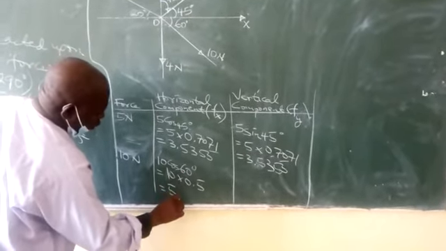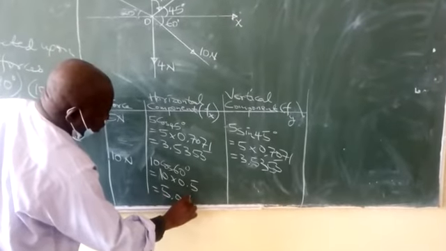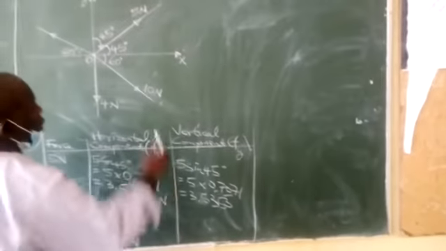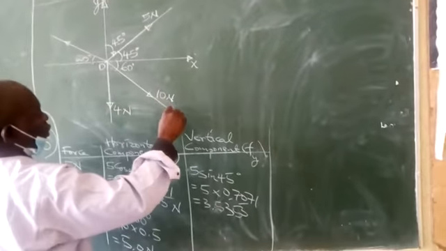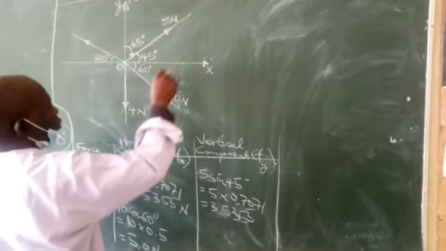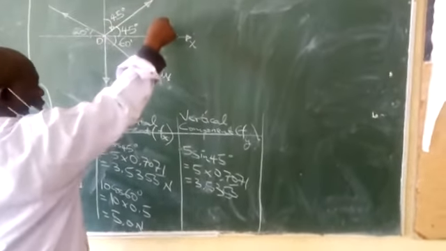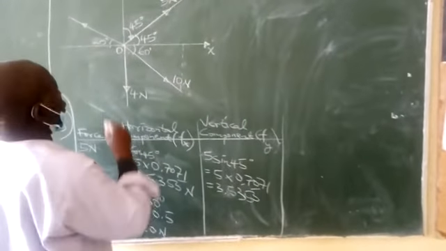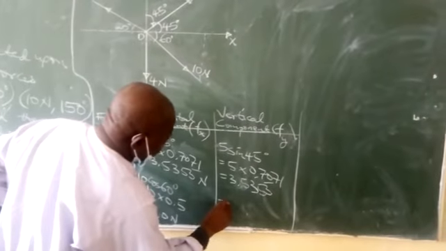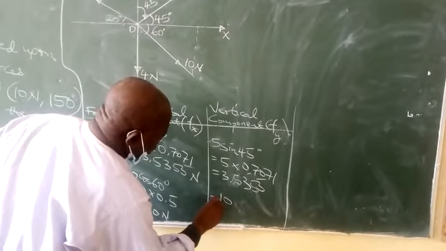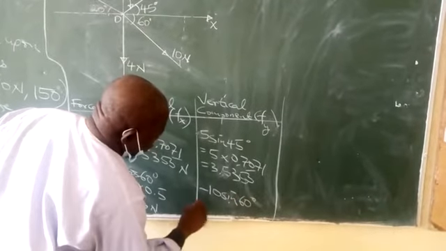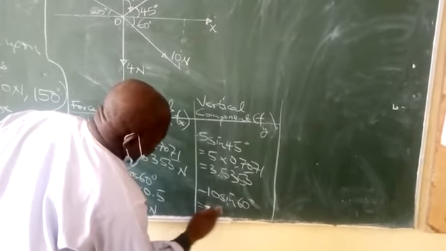That will be 5.0 Newton. Then the vertical component, when we resolve it vertically, will be negative because it is towards the negative direction of the y-axis. So the vertical component is going to be minus 10 sin 60 degrees.